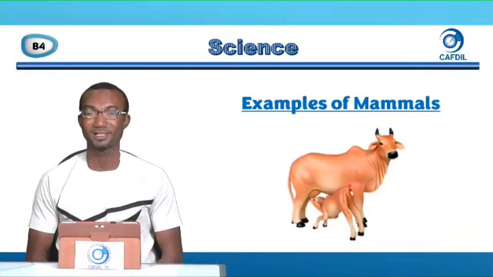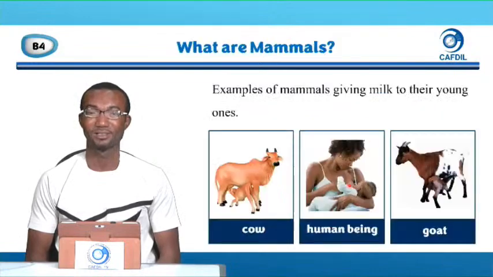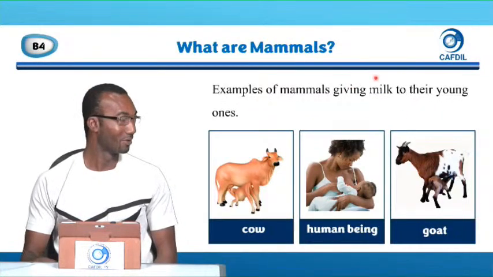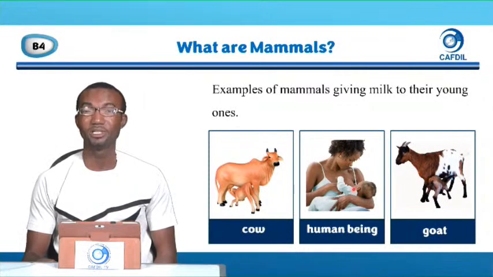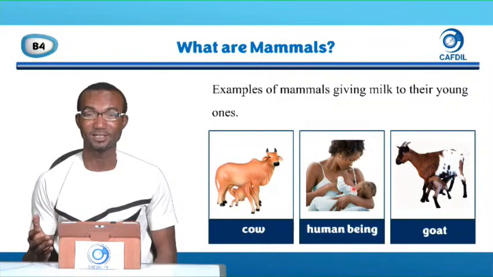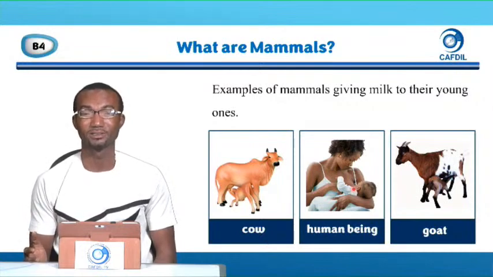Now let's look at some examples of mammals. So the cow is an example of a mammal, because they feed their young ones on milk. Human beings are mammals because they feed their young ones on milk. I believe everybody enjoyed milk from the mother's breast when we were young.